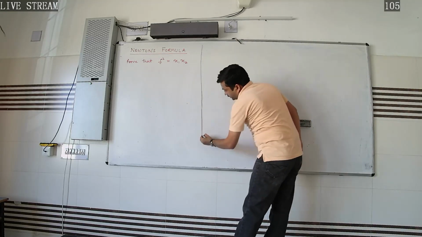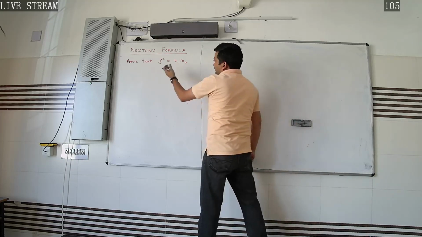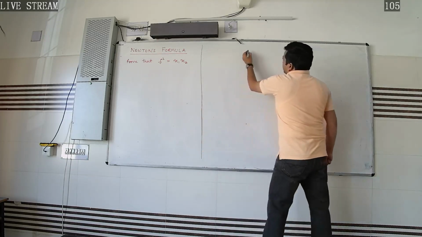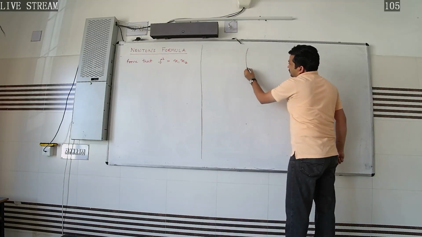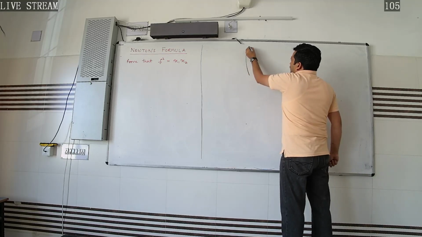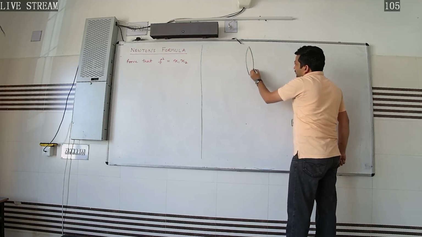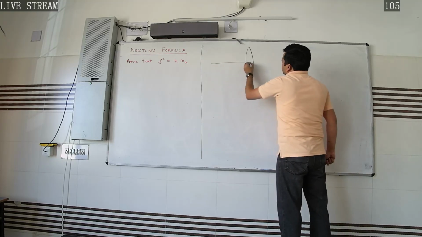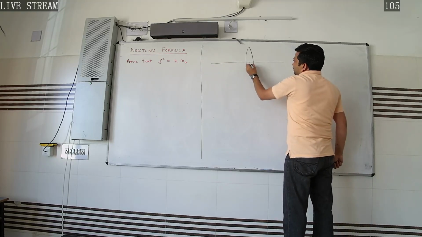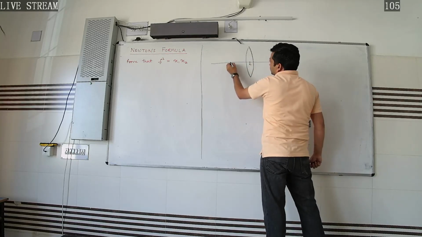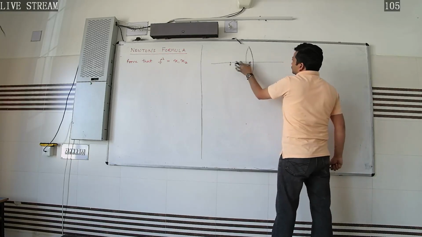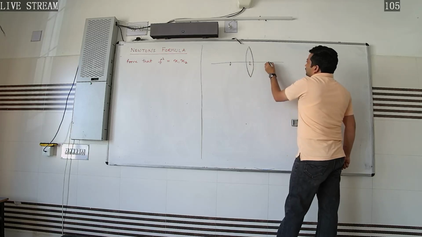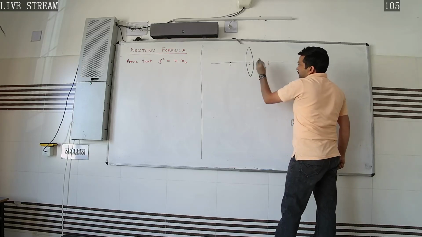if an object is placed at a distance x1 from the, let us consider this is our lens. Now the lens has two principal focuses. As we know, this is the optical center of the lens. Let us consider this is the first principal focus, and here is the second principal focus.